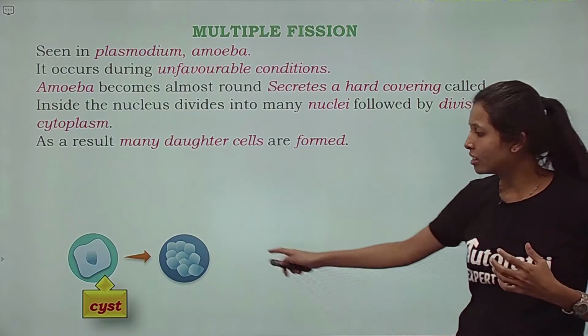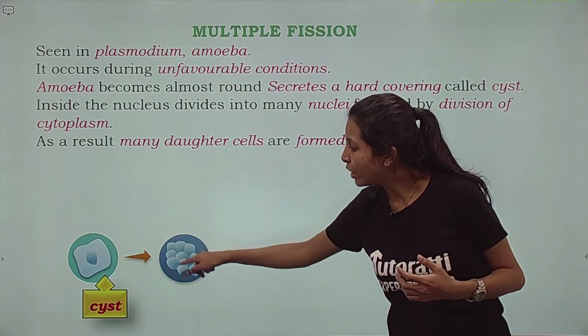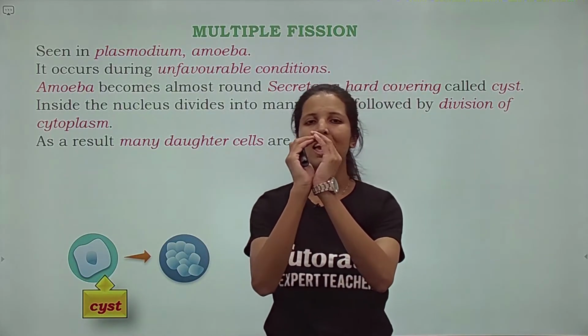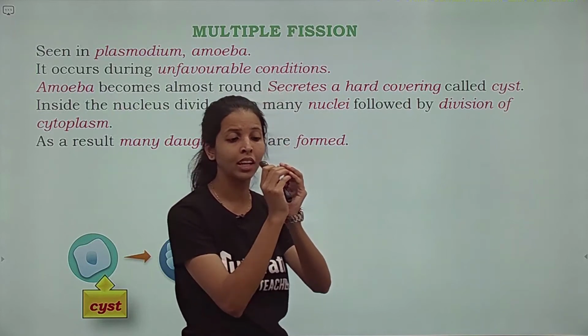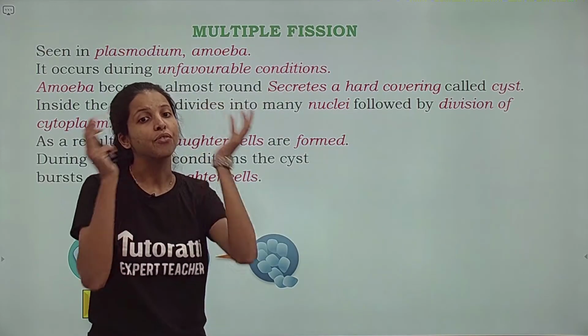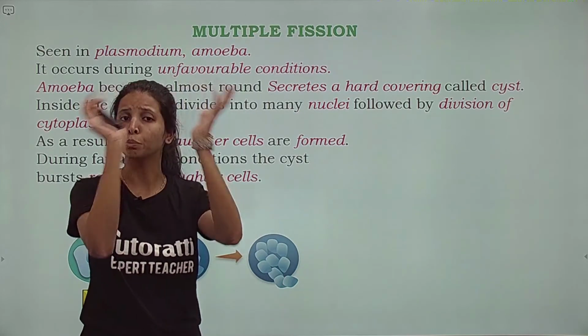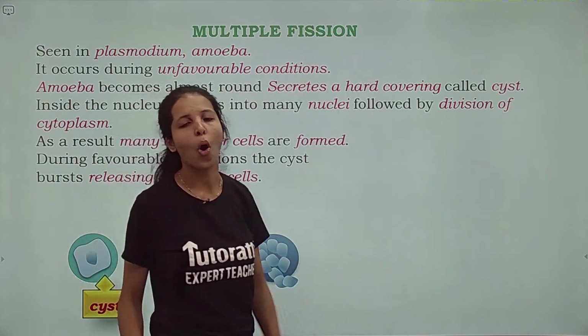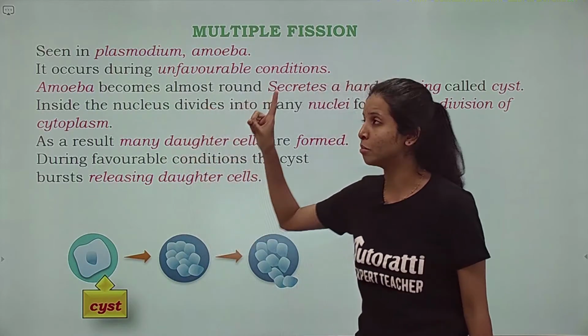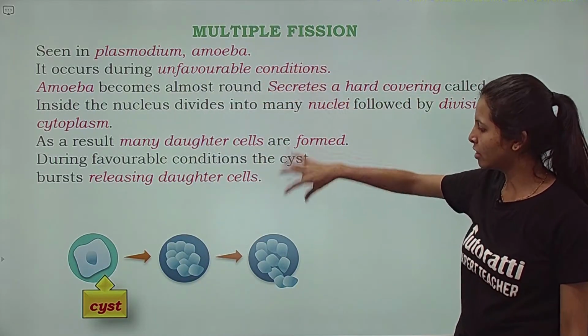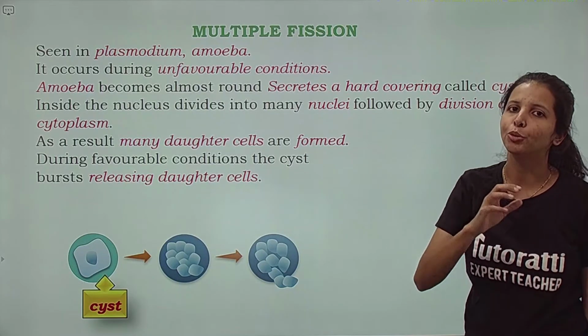As a result, many daughter cells are formed inside this cyst. The cyst will not stay like this for life. Whenever the conditions become favourable, the cyst bursts open, releasing all the daughter cells. So this is multiple fission done in unfavourable conditions. This is only their act to protect their species.